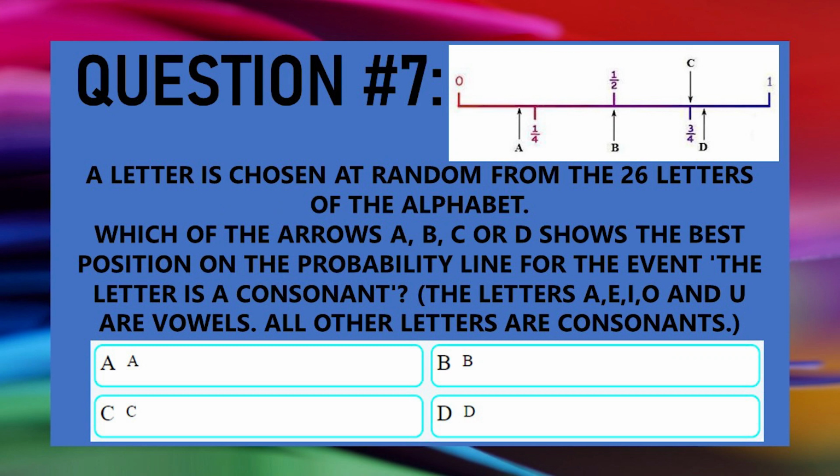Question number 7. A letter is chosen at random from the 26 letters of the alphabet. Which of the arrows A, B, C, or D shows the best position on the probability line for the event the letter is a consonant? The letters A, E, I, O, U are vowels, and all the other letters are consonants.